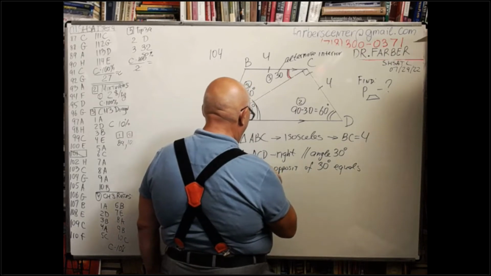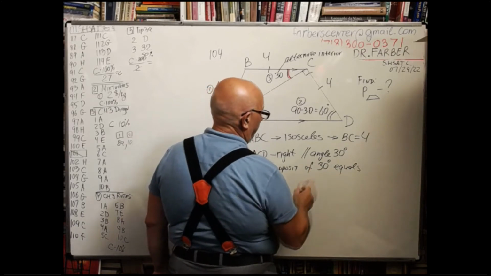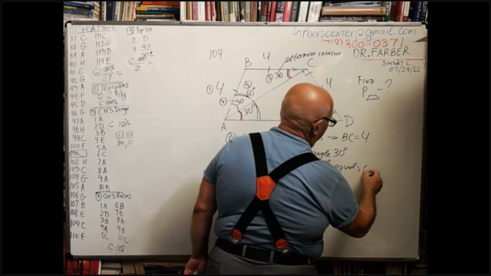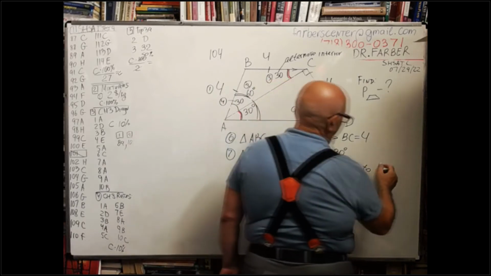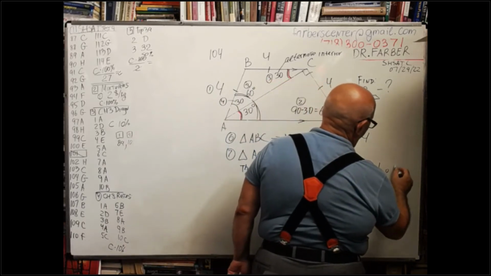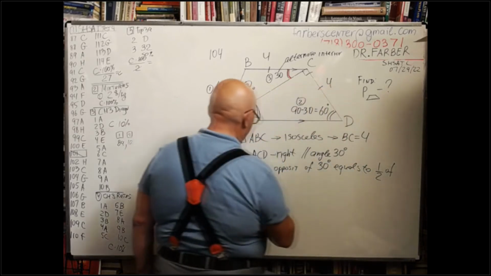The leg opposite of 30 degrees equals half of the hypotenuse.